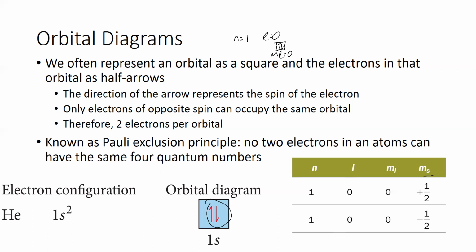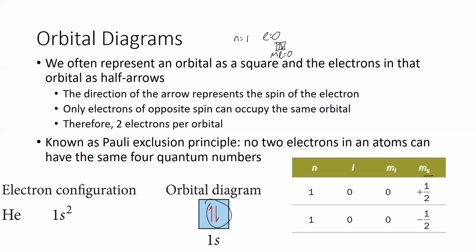It says that no electron in the same atom can have the same 4 quantum numbers. The quantum numbers are almost like a serial number, unique to each electron, or like an address, and only 1 electron can live at that address.